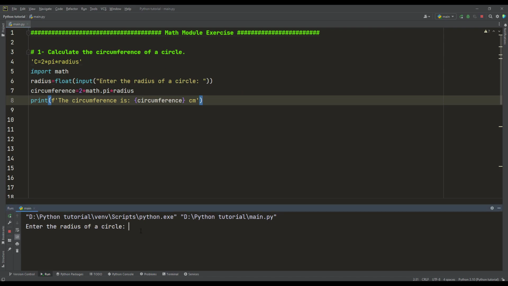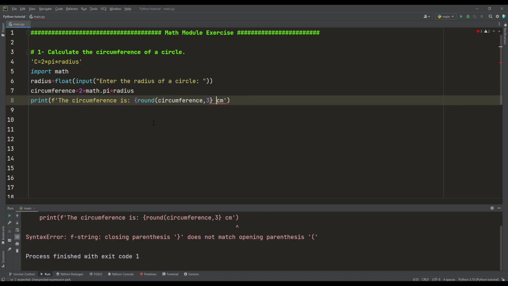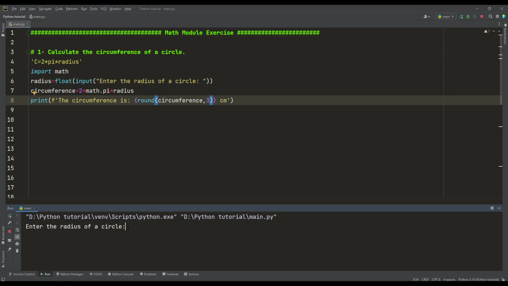Let's practice this. Enter the radius. The radius will be 10.2, and here is the result. We learned how to use the round function to consider only three numbers after the floating point. Here I want to consider 3 as a standard, and sorry, here I have to close this one, and we run this, and it is executed now.